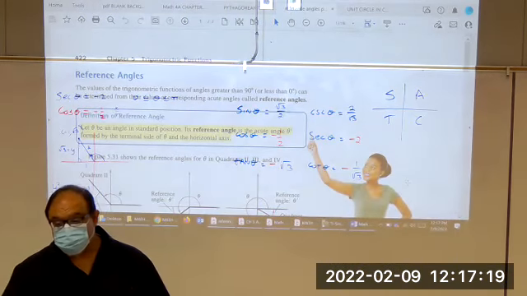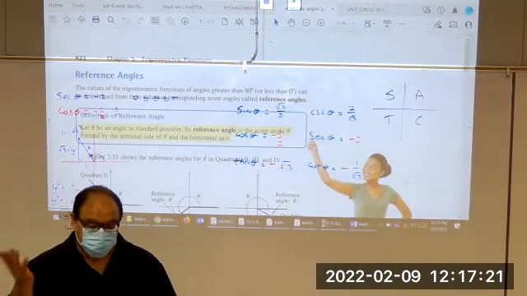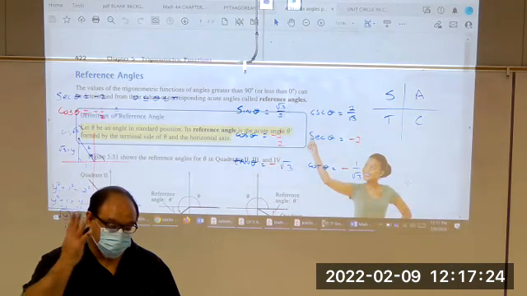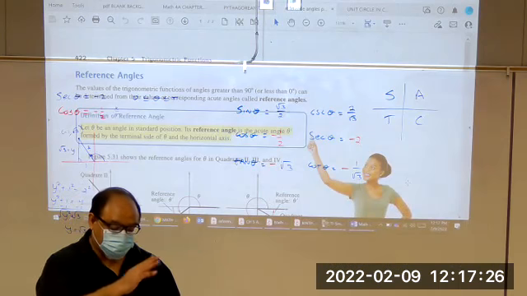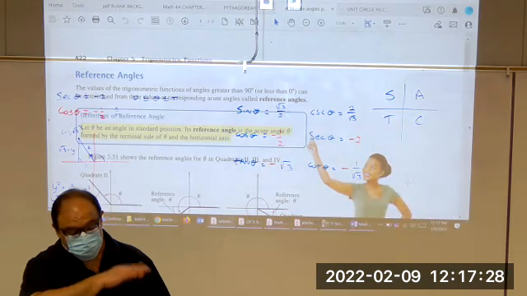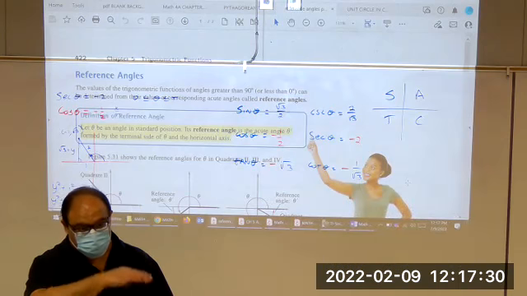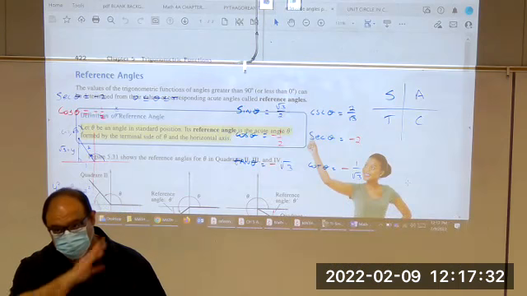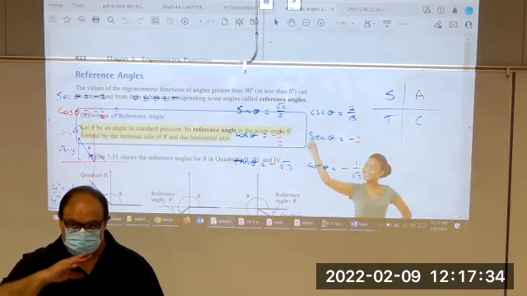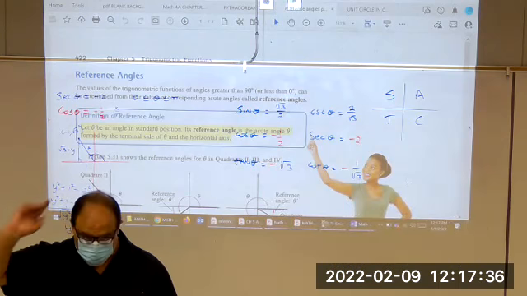And then you've got to know radians: 0, pi over 6, pi over 4, pi over 3, pi over 2, 2 pi over 3, 3 pi over 4, 5 pi over 6, pi, 7 pi over 6, 5 pi over 4, 4 pi over 3, 3 pi over 2, 5 pi over 3, 7 pi over 4, 11 pi over 6, and then back to 2 pi.